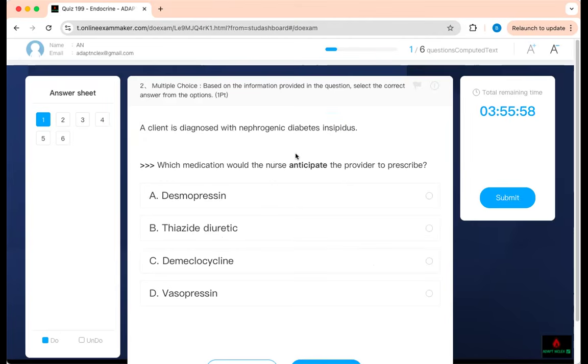Even if you don't know, you can answer this question. I intentionally chose this question. If you look at it critically, okay, I have nephrogenic diabetes insipidus. Assuming I don't know what nephrogenic is, I know it's diabetes insipidus. Okay, fine. That means I know the patient needs ADH.